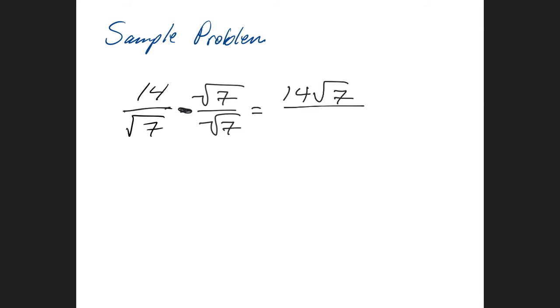So I have 14 times the square root of 7 in the numerator. Remember, we multiply straight across. And then in the denominator, these two cancel out. The radicals cancel out, and I am left with 7 in the denominator. But I can simplify this fraction. They have a common factor of 7. So I have 1 left over in the denominator and 2 in the numerator. So my final answer is 2 times the square root of 7.